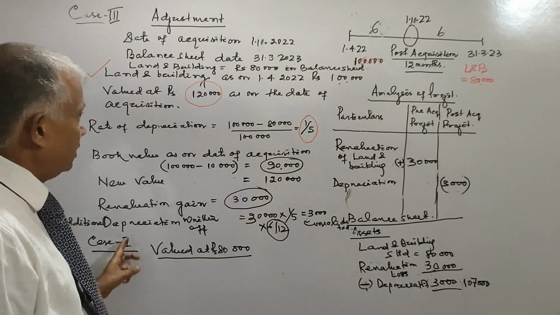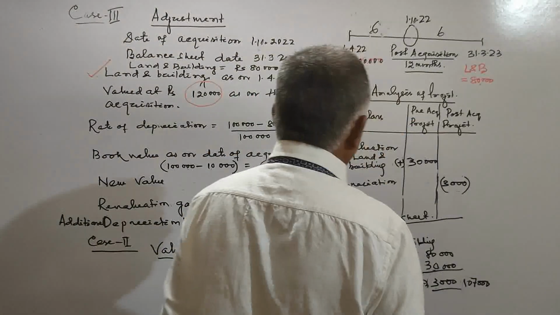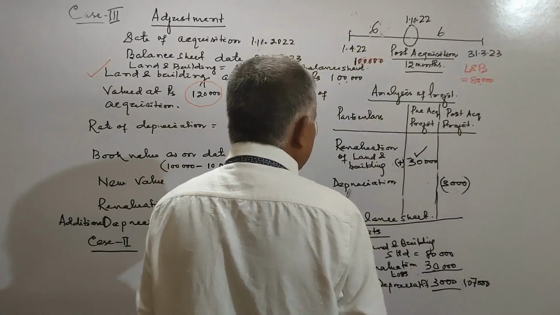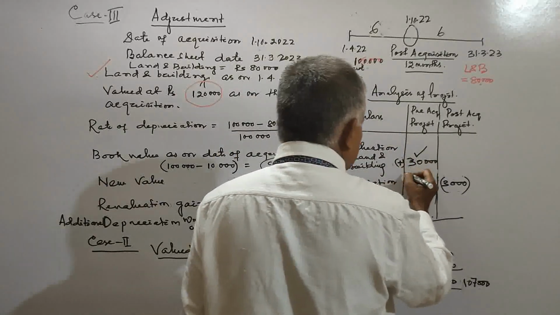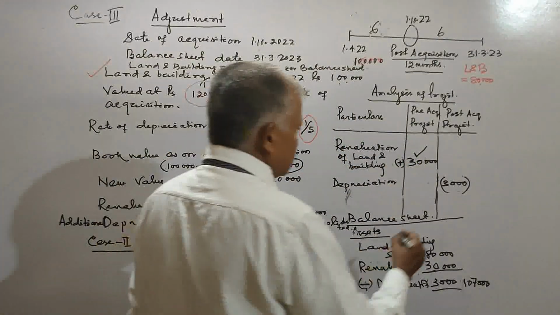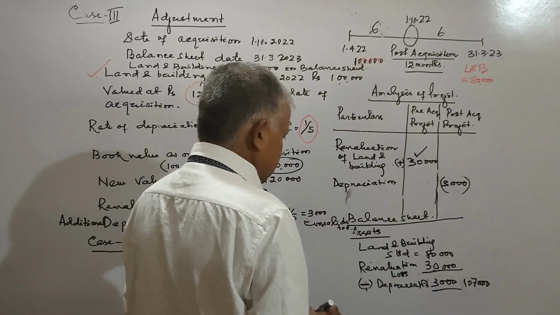Then we are coming to the analysis of profit. Revaluation of land and building is 30,000. That is your increase in value, therefore it is a profit, and depreciation has to be provided, therefore it will be a less.